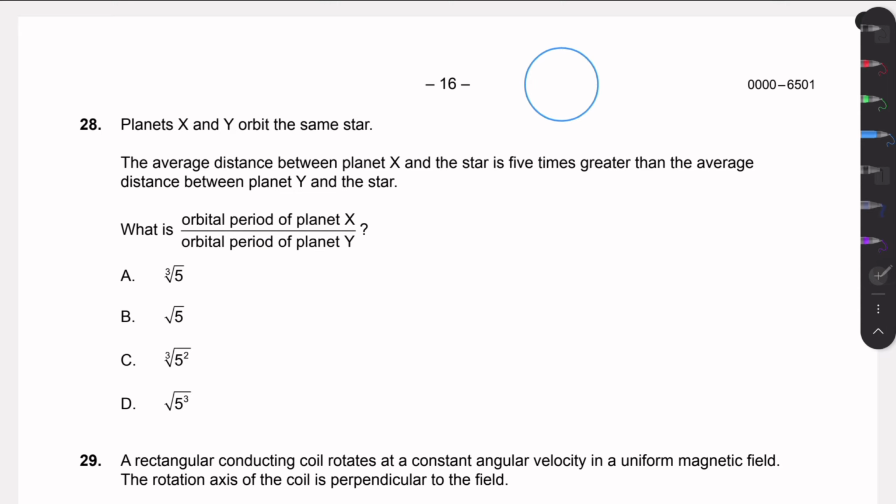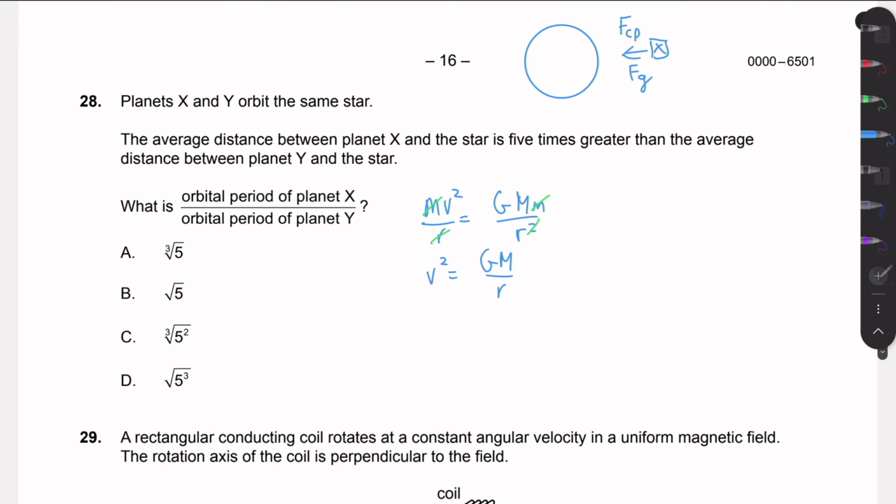So if this is, let's say, the star and this is planet X and it's orbiting, then the only force acting on it is the gravitational force. And since it's moving in circular motion, there's also a centripetal force. So we can say that the centripetal force is equal to the gravitational force. We see that the m cancels out. This r cancels out with this. So we see that v squared is equal to GM over r.